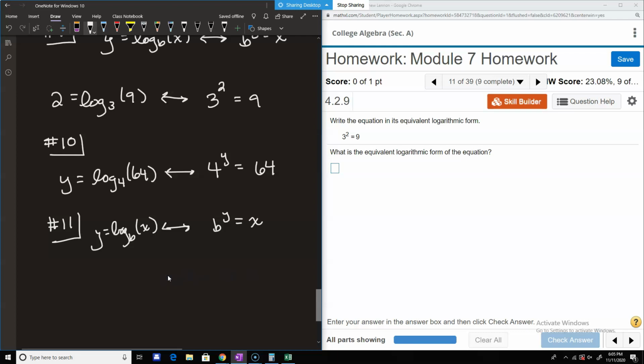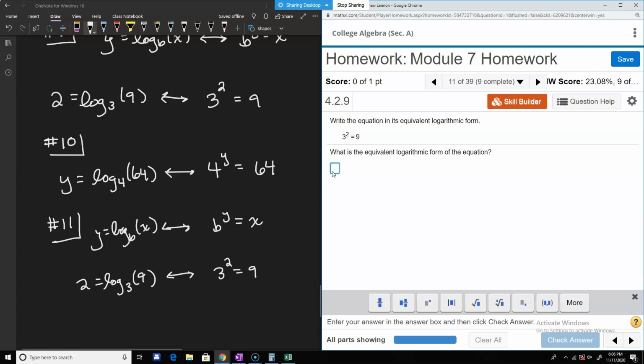So they're starting on this side. 3 to the second is equal to 9. Well, that makes 2 the value of y. The b value is 3. And what's inside the parentheses is the other side, 9. So that's all you're doing. Switching from one side to the other, just apply that definition.